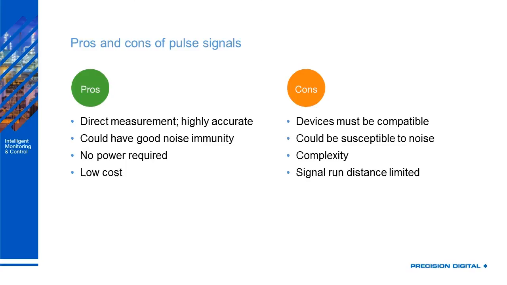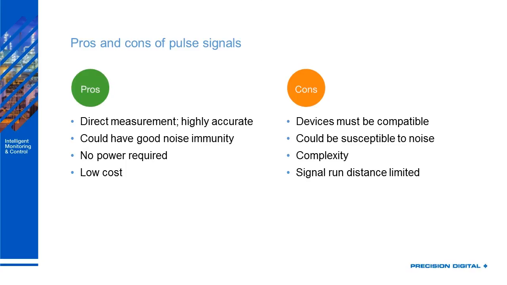Another pro of pulse generator devices is that no power can be required. There is such a thing as a no power pulse device, and you often see those in rotary encoders and flow meters. The turbine flow meter we looked at earlier isn't going to necessarily require power to generate its pulses.